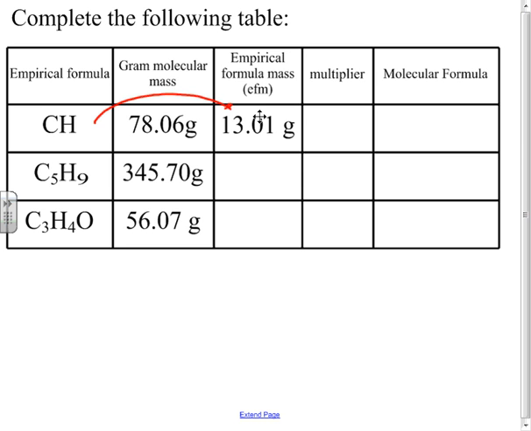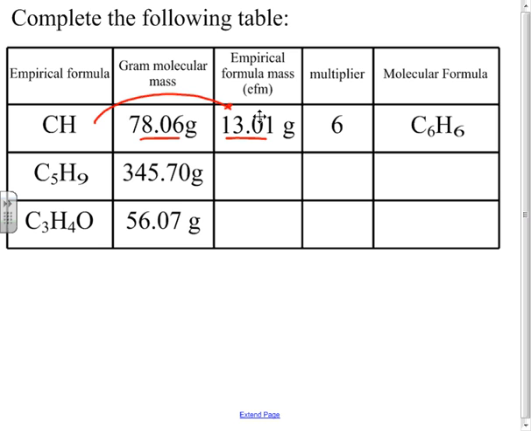Then we're going to divide the gram molecular mass by the empirical formula mass to see how many times greater the gram molecular mass is than the empirical formula mass. Turns out it is 6 times greater. 78.06 divided by 13.01 is 6. So then the actual molecular formula is 6 times greater than the empirical formula, so it is going to be C6H6.